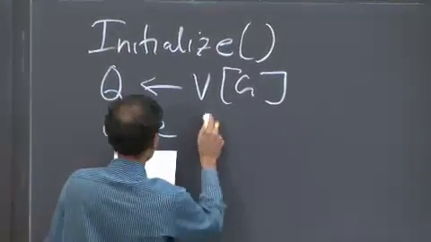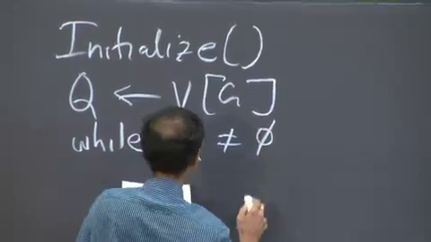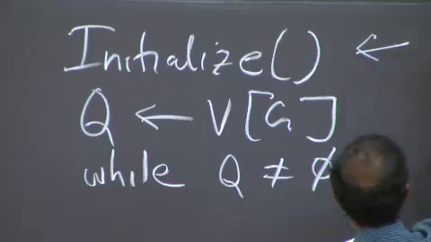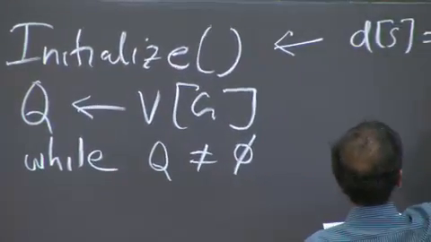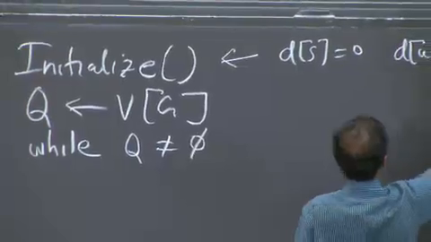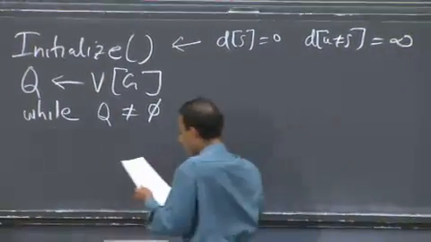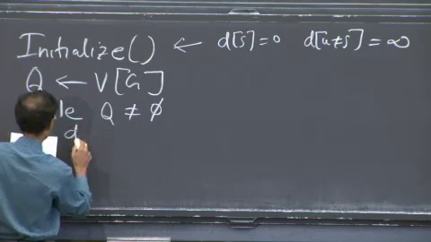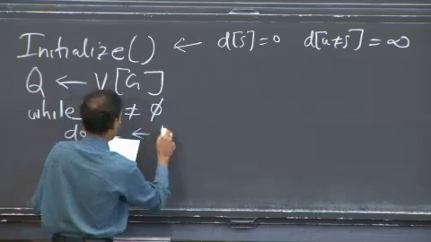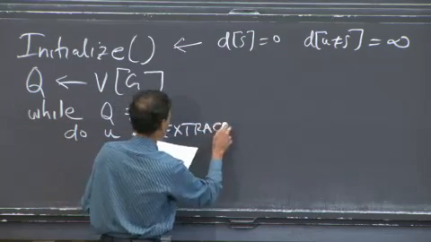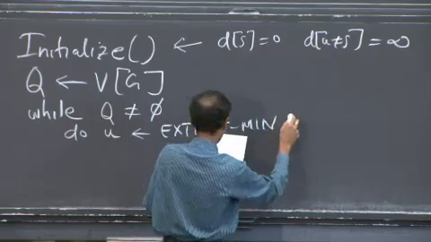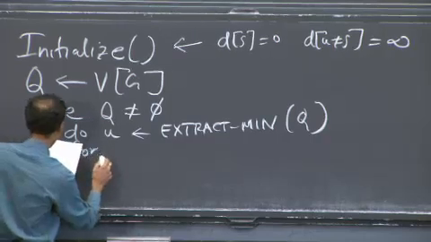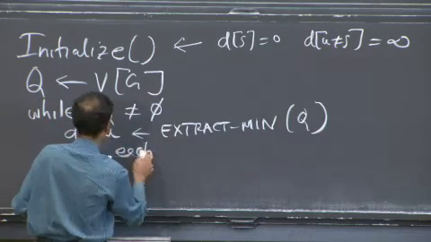So you have your set of vertices that you don't know the shortest paths to. Initialize is going to set d of s to be 0 and d of u not equal to s to be infinity. We have this set Q that we're going to process and continually extract the minimum priority from Q. And once we do that, we actually know the shortest path to u already.